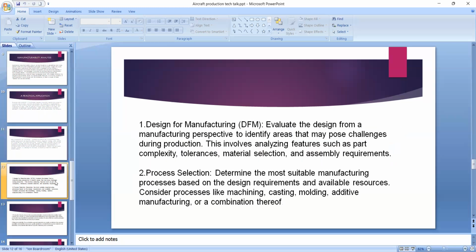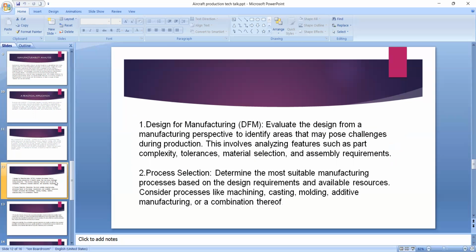Design for manufacturing, DFM: evaluate the design from a manufacturing perspective to identify areas that may pose challenges during production. This involves analyzing features such as part complexity, tolerances, material selection, and assembly requirements.